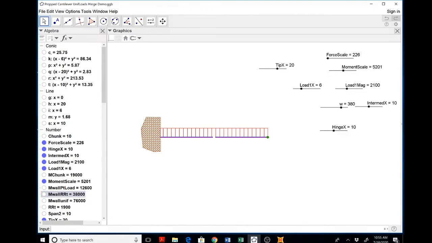We call that a happy beam because it looks like a smiley face. So I'm going to call that a positive internal moment. The other one is negative because it's tension on the top, compression on the bottom.